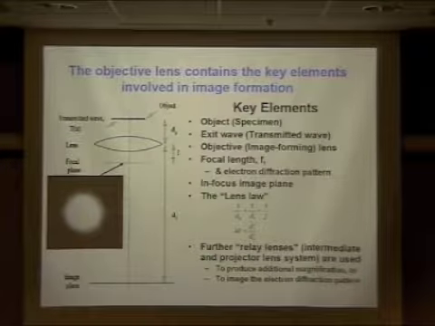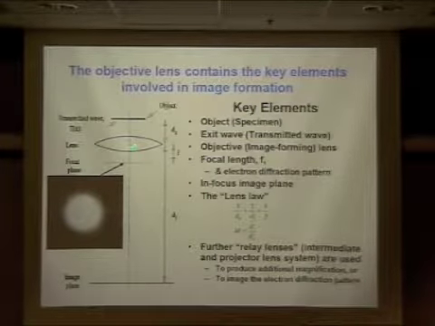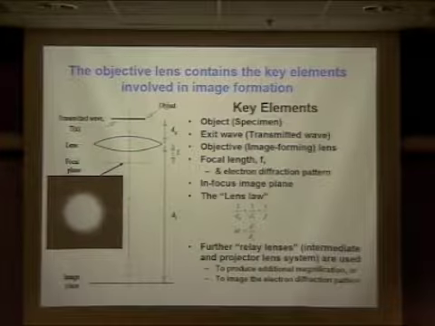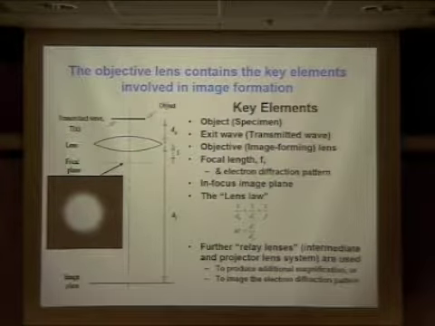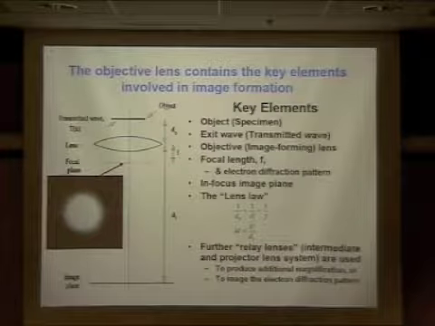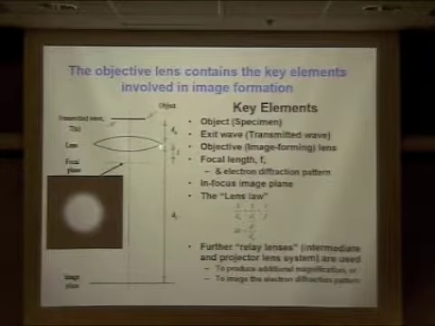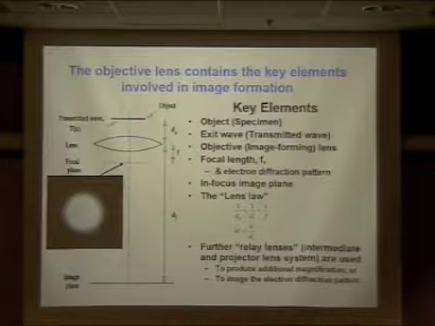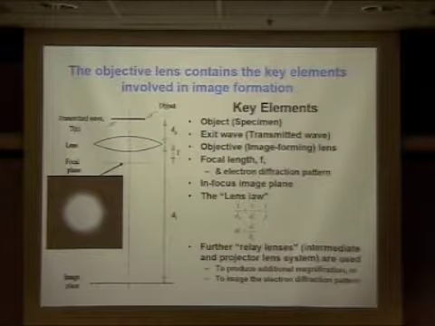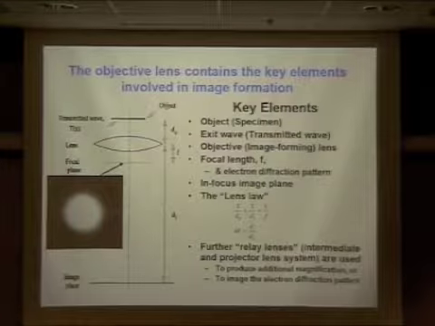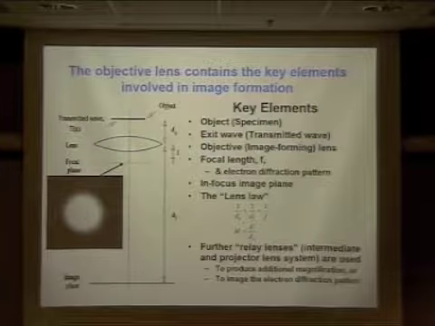Then another key thing I'll be mentioning is the three things about the objective lens. The focal length, which you often hear about or think about, the distance between the lens and the object, and the distance between the lens and the image.